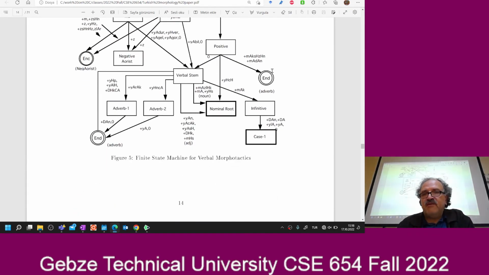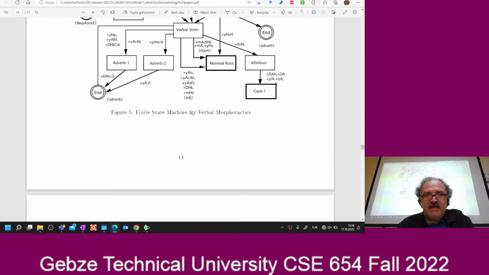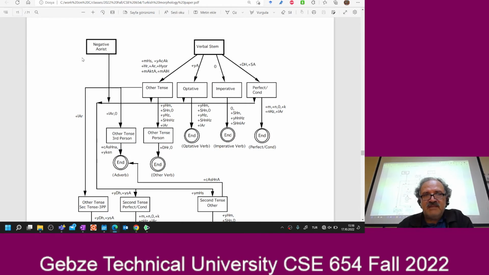If you follow that one, there is one and another and another. With a verbal stem you come from here. Let's look at this one: kosh with no suffix, imperative at no suffix, zero means I did not add anything, so it's an imperative word.